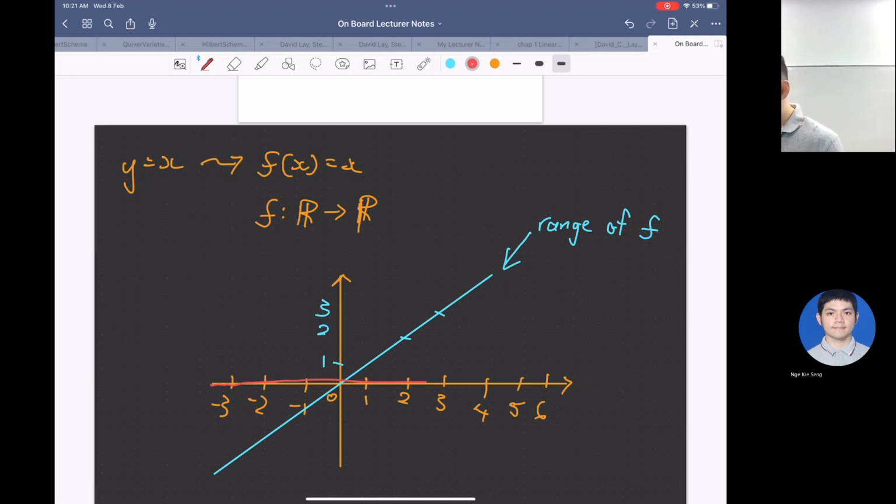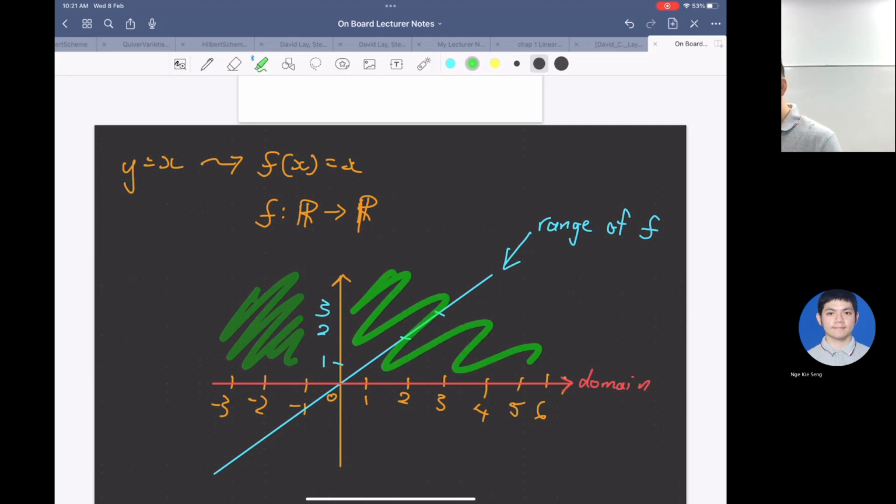This is the domain part, and then the whole thing here is the codomain.